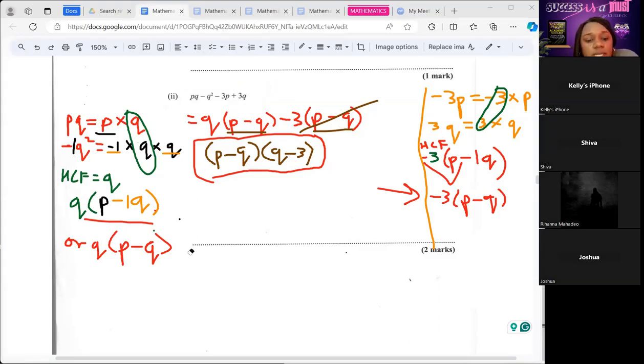Quadratics is where you have something with x squared, plus bx, a term in x, and then c.